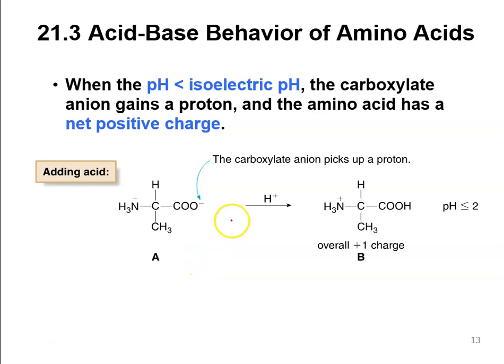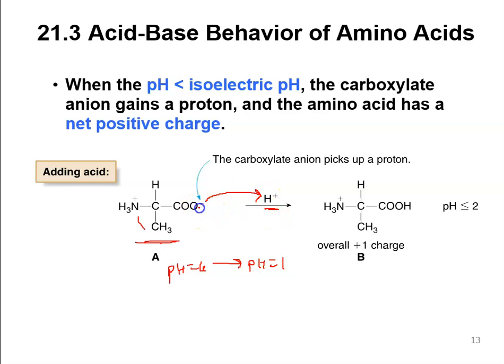However, let's say we are at the isoelectric point on this molecule, at a pH of 6, but I add more acid into it. Well, what's going to happen? I start changing my pH, and I start going to, let's say, a pH of 1. I'm way more acidic. Well, what happens is this negative charge starts protonating itself.